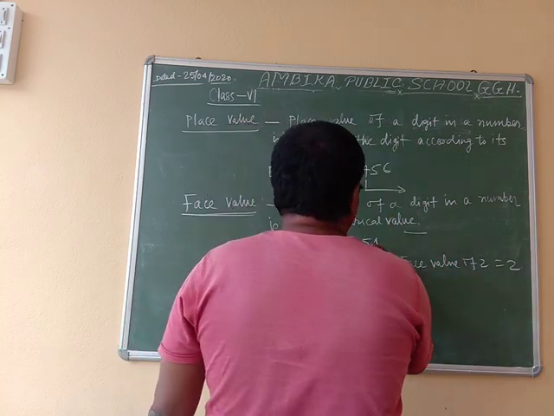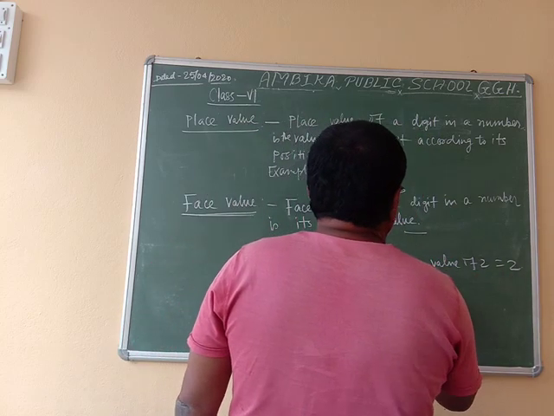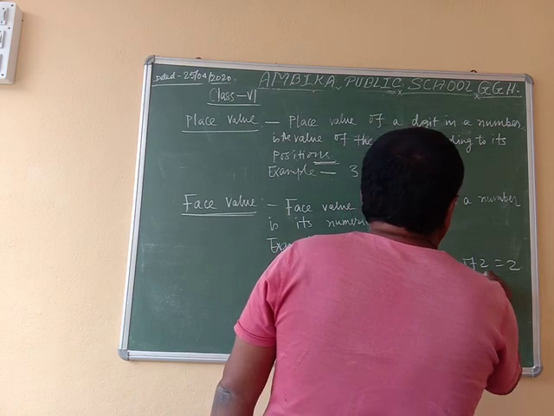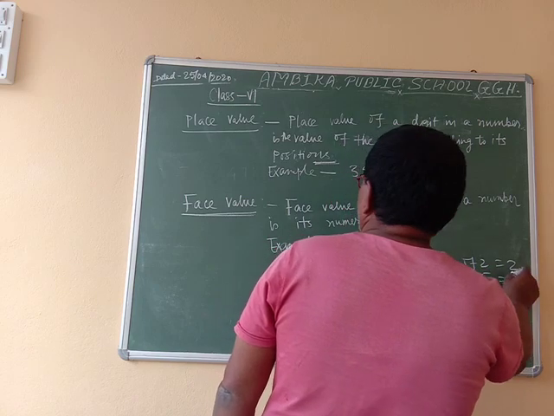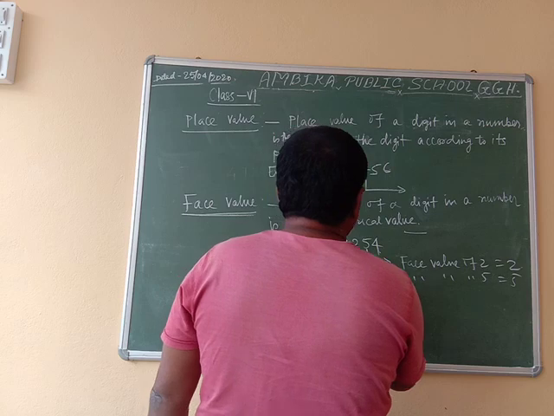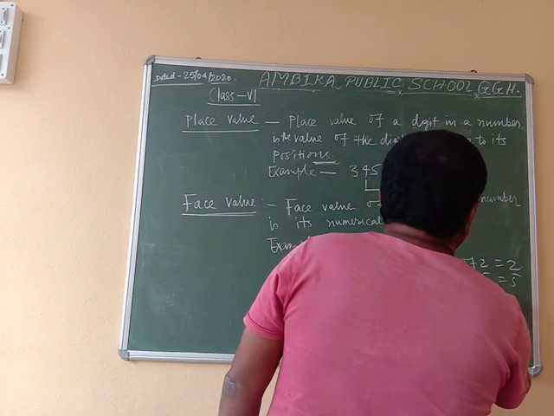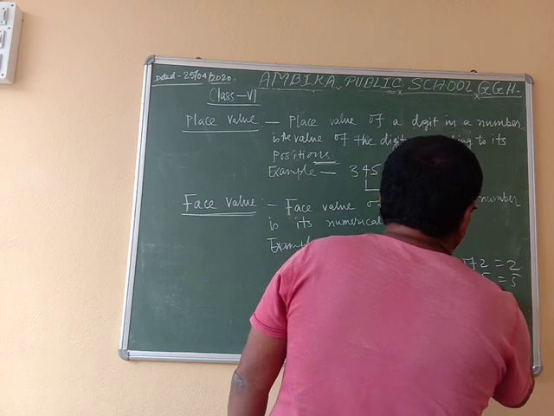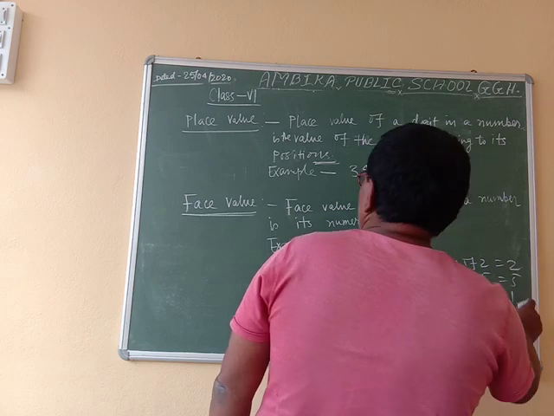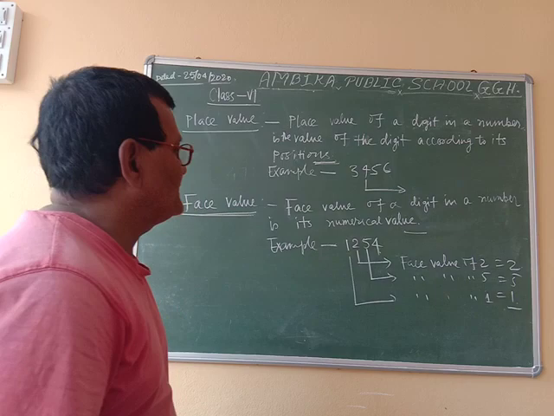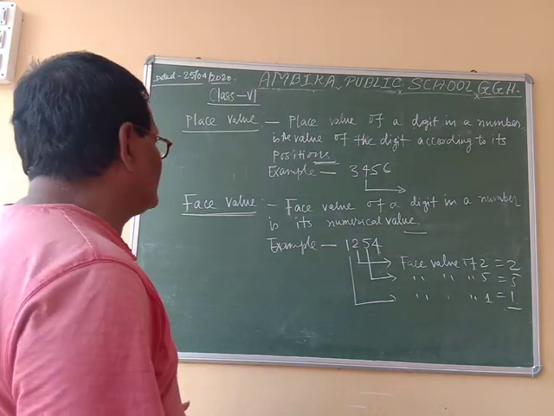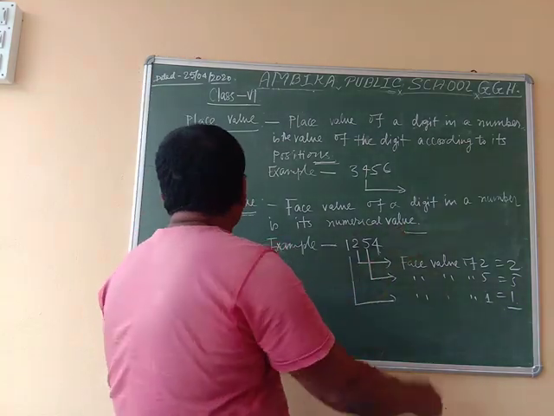If you have to ask the face value of 5, it is equal to 5, and the face value of 1 is equal to 1. So the face value of a digit in a number is its numerical value.